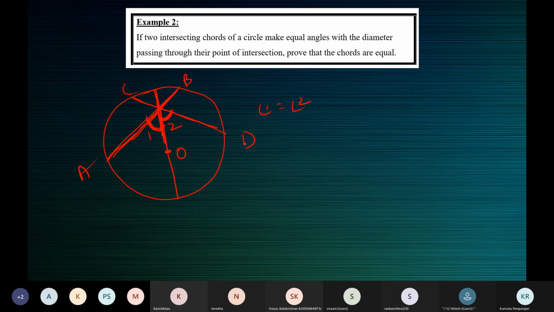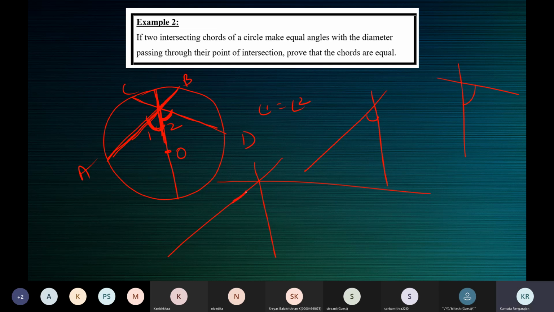Chord, diameter, angle. This is the diameter, one chord, the other chord.